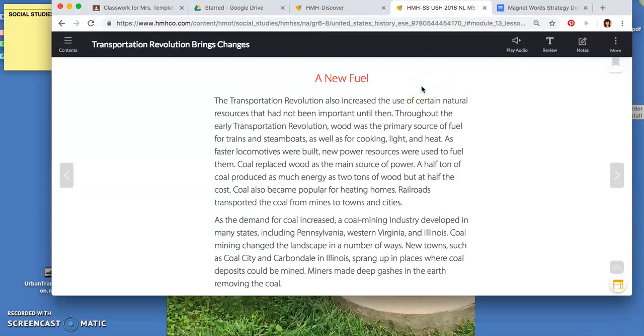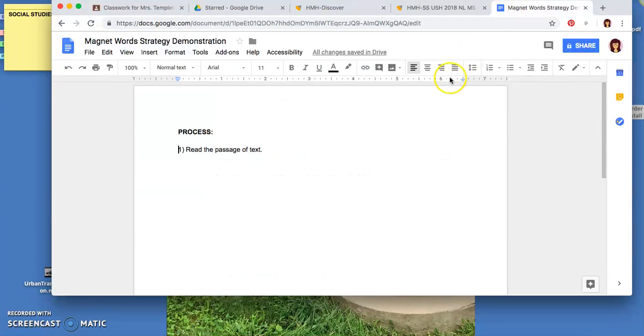All right, so I finished reading the short passage of text. I'm going to now move on to the next step in the magnet word process, which is to identify the magnet word.